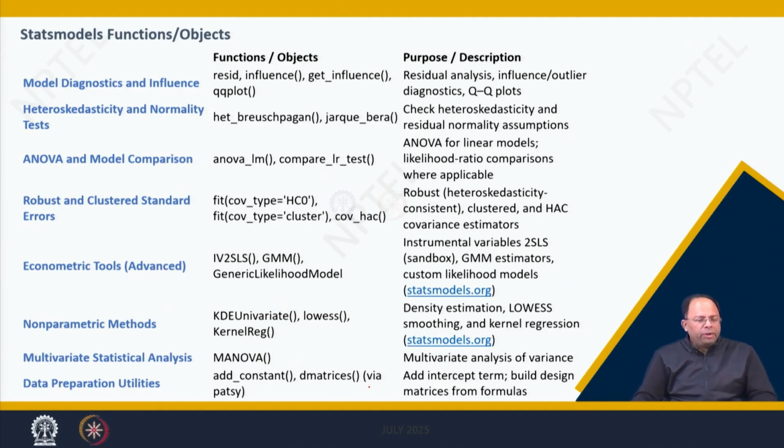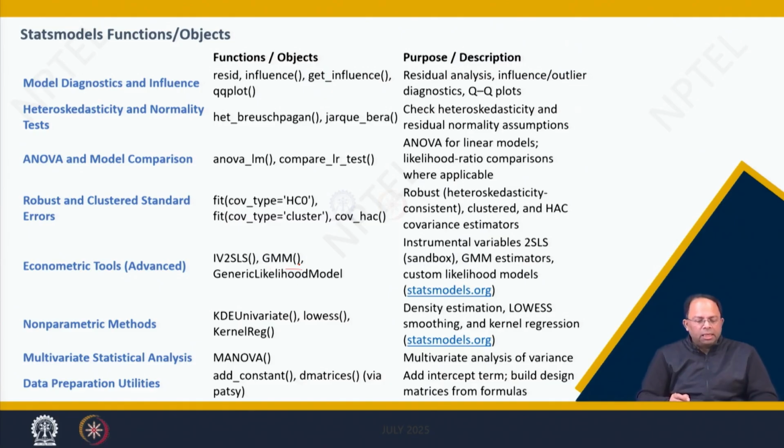Then continuing, we can check heteroscedasticity and normality. We can do ANOVA for linear models, and then we can do different kinds of covariance tests. Then we can have custom models like GMM and other kinds of more custom models.